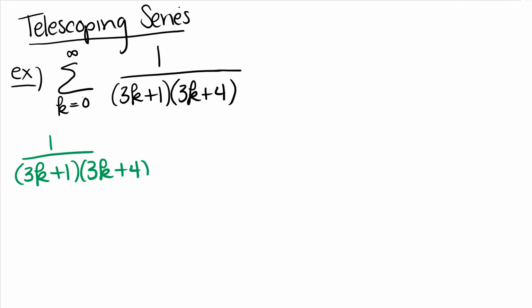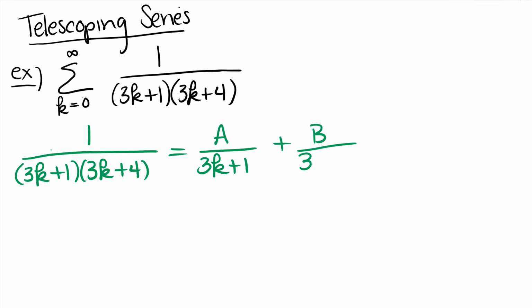So I have two linear factors in the denominator. Remember this from before. I'm going to do A over 3k plus 1, plus B over 3k plus 4. That partial fraction decomposition was not only helpful when we were integrating, but it's helpful now.